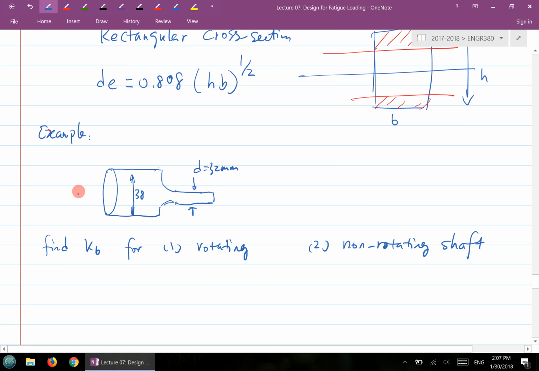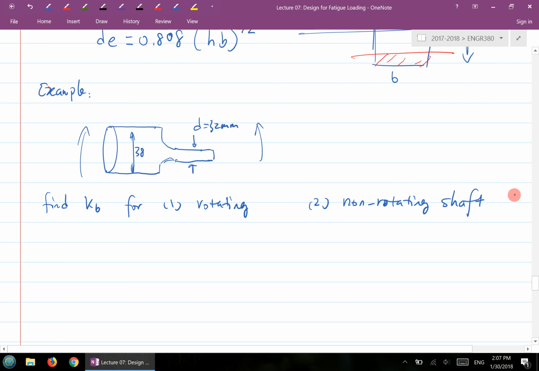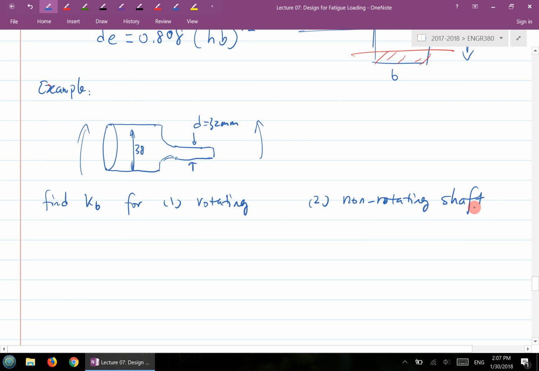We're assuming there's a bending applied to the shaft here. So it's either a rotating shaft under constant bending, or a non-rotating shaft subject to reversed bending.